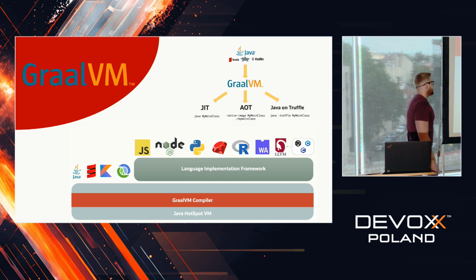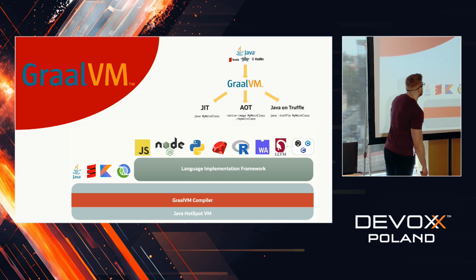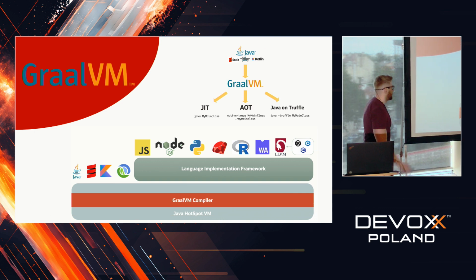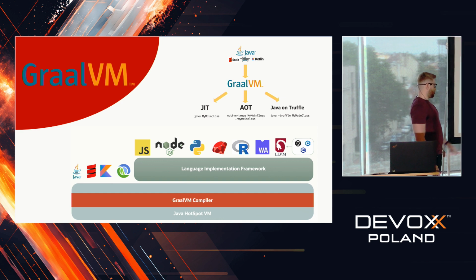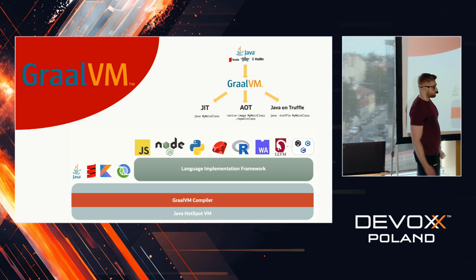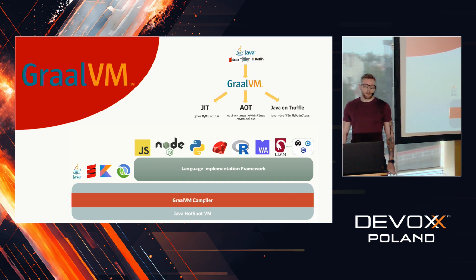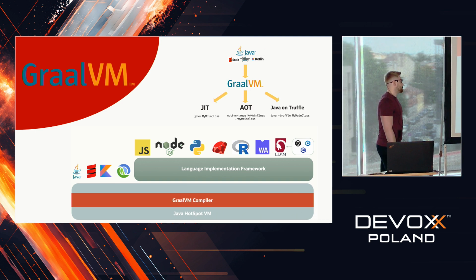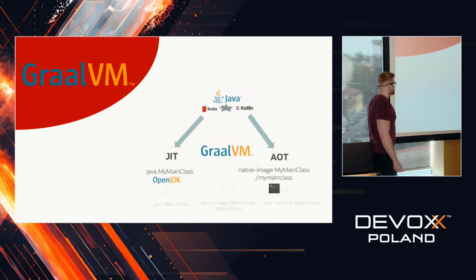There's also something called the Truffle language framework, which works with the Graal compiler to run JavaScript, Node, Python, Ruby, and other languages on the JVM. That's just some quick information for anyone who might be interested. It won't be the focus of today's lecture. The focus will be on those two.